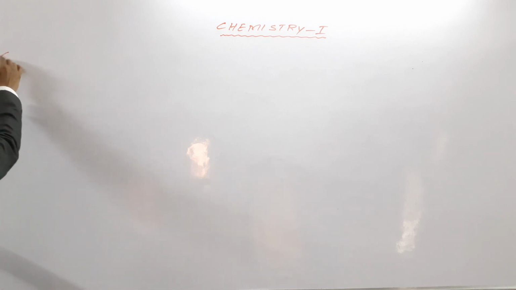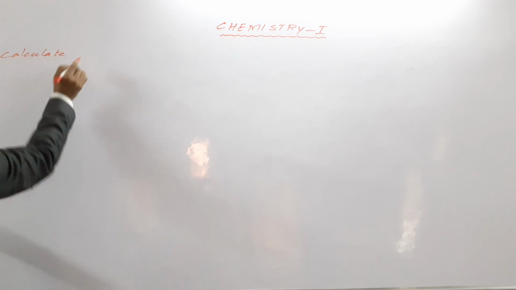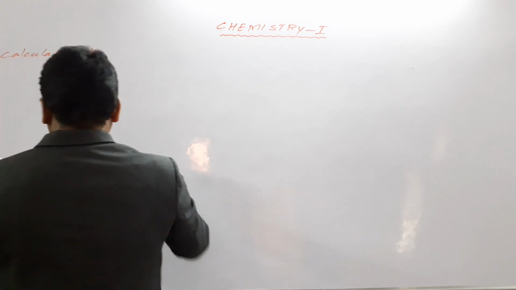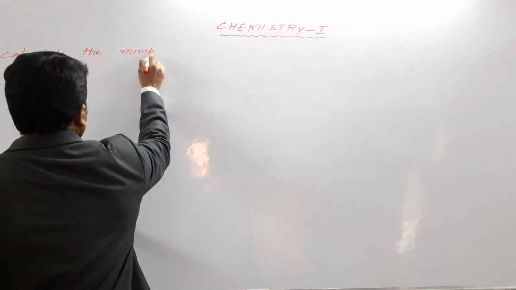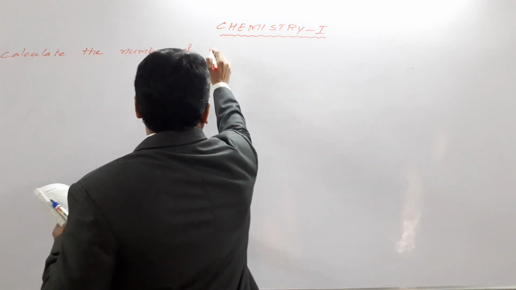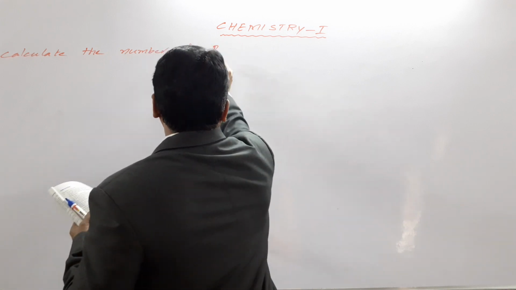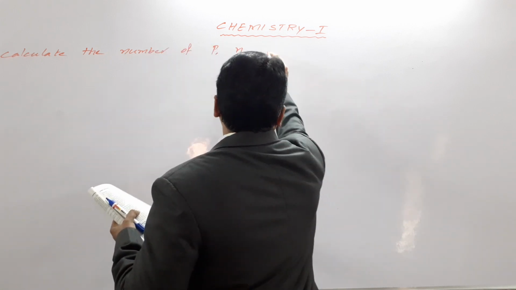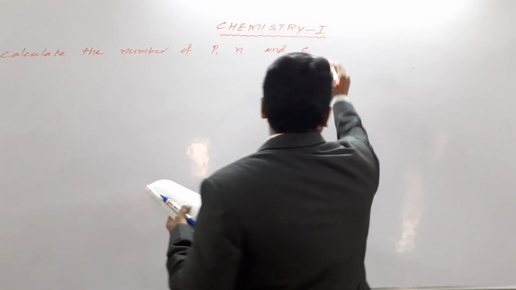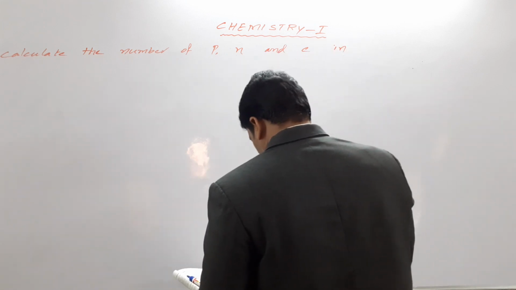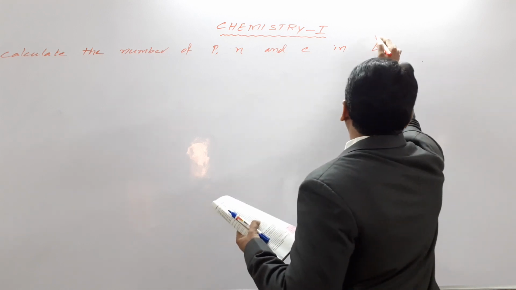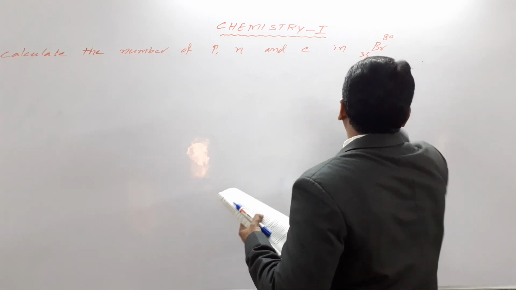Calculate the number of protons, neutrons and electrons in bromine 80, 35.